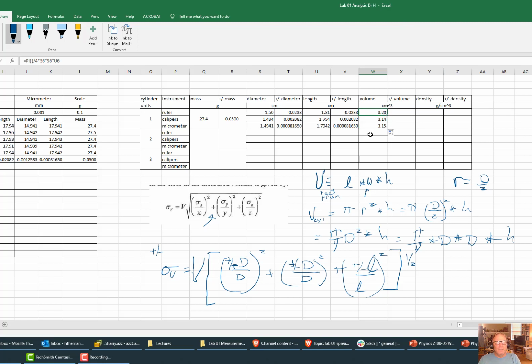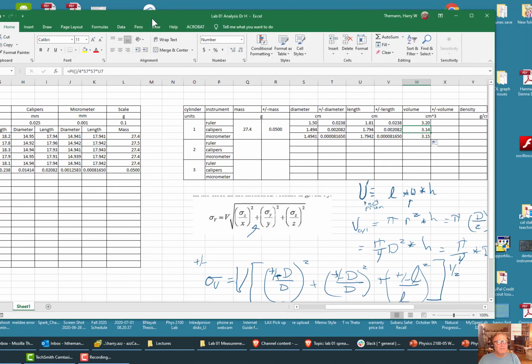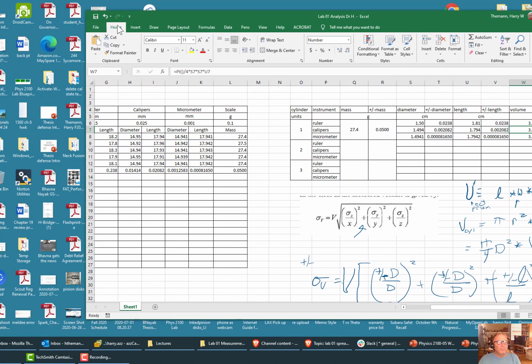And now we have to just change the sig figs. This has 3. This one needs to have 4. Oh, you can't see. I clicked on the home button here, so that way I could get back to these commands.